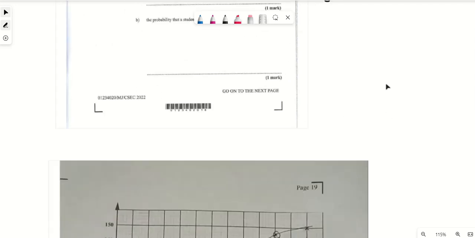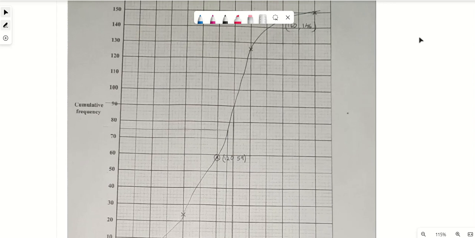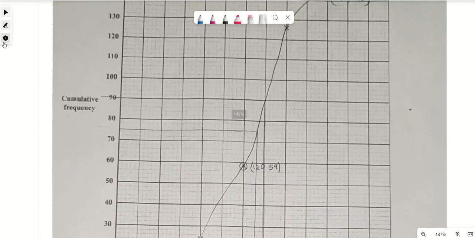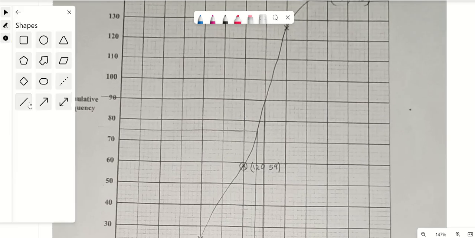So what you have to do is use the graph. When the CF is equal to 75, the height is equal to, so I am going to look for 75 on my cumulative frequency curve. I don't know if you're seeing it, this line right here, I probably would mark it over. This line right here is 75.